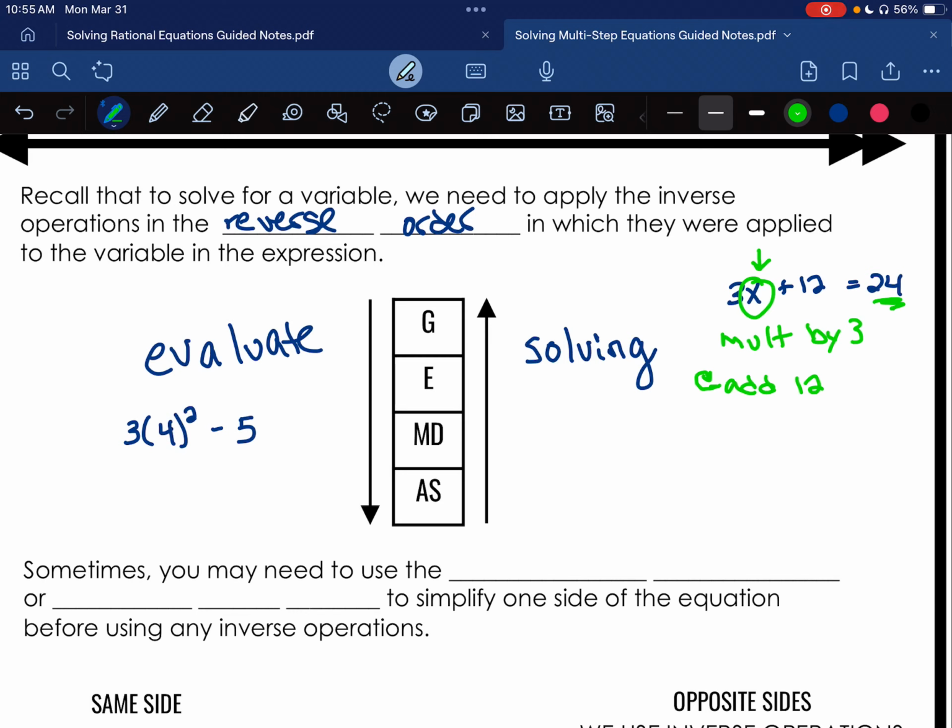I tell my students it's like an ordered process, like putting on your shoes. So for example, you might put on your socks, then you would put on your shoes, and then you would tie your shoes.